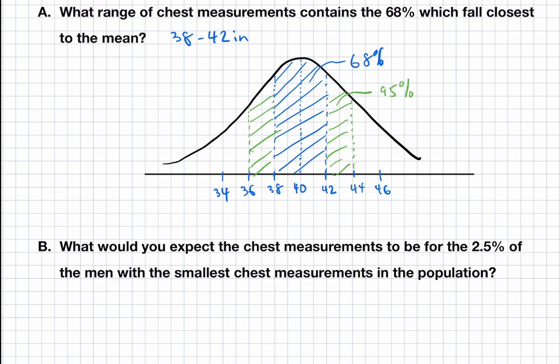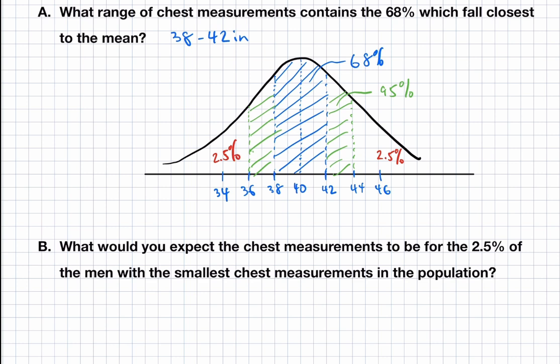Okay, that means that since this whole area is 95% of the population, then we know that the balance, so this side here and this side here, would equal 5%. And since there are 2 sides to this, we can say that the balance here is going to be 2.5%, and then this side is 2.5%.